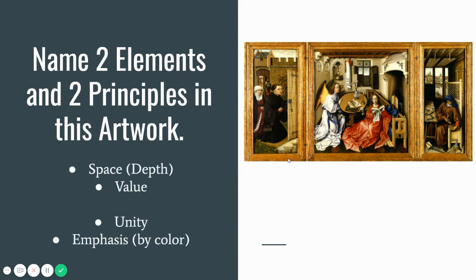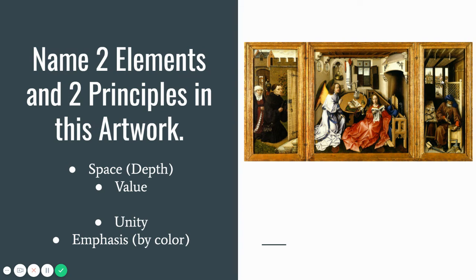So in my example, I chose two elements, one being space, because it shows depth, especially this area of the painting where we have this foreground, right? We have the middle ground, which is the edge of the room that he is in, and then we have that background where through the windows and through the doorway we can see there's like an entire city back there.